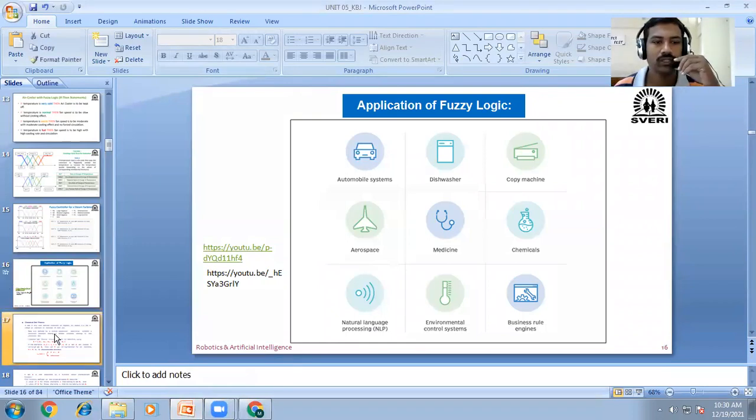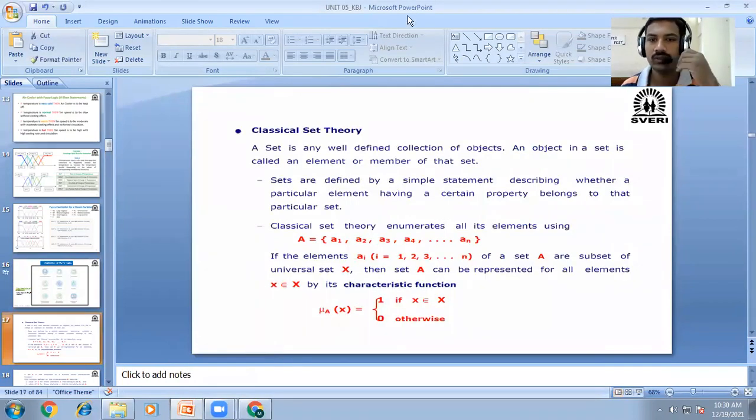Next one is, already we have discussed in the last lecture, classic sets. Set means a collection of all elements inside it. The example given was cloth: there are different types of clothes available in the universe, like shirt, pant, t-shirt, and we can take n number of elements inside.